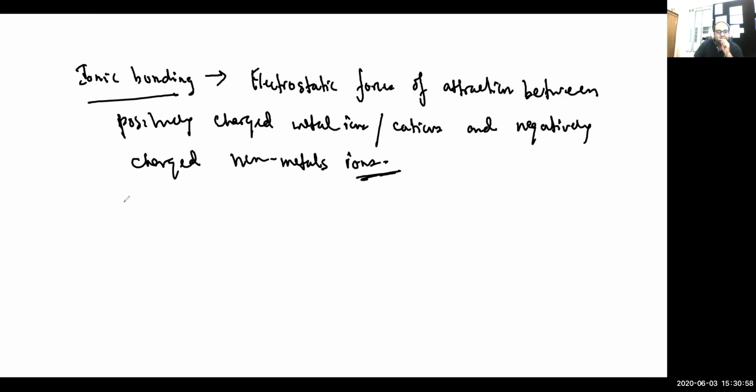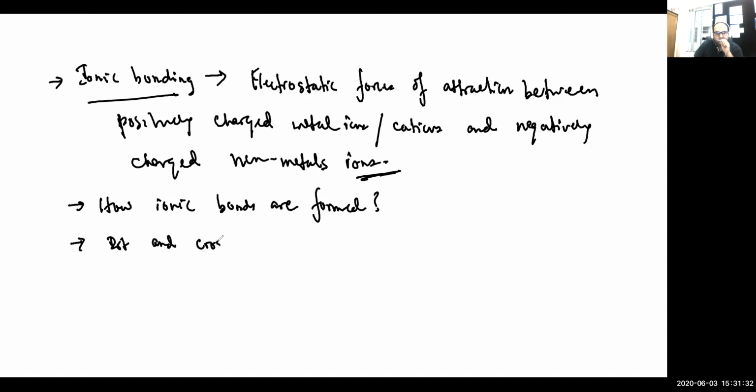So this is ionic bonding. We have also studied how ionic bonds are formed, and then we also studied the dot and cross diagram of ionic compounds. Next what we have to study is the structure of ionic compounds.